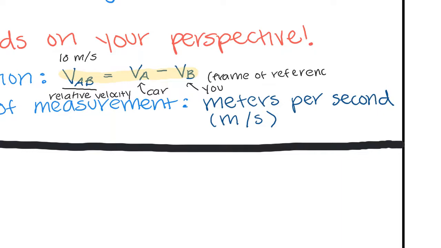Now, the VA is the actual velocity of the car. So the car might look like it's moving 10 meters per second from your perspective, from your frame of reference, but maybe in reality, it's actually only moving 7 meters per second. Okay, so this is what we're getting at with our frames of reference here.